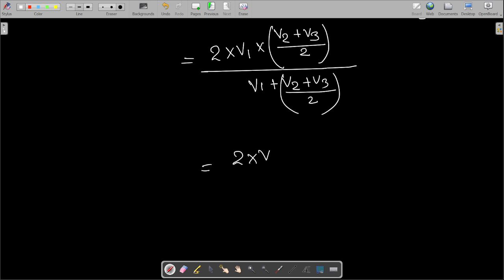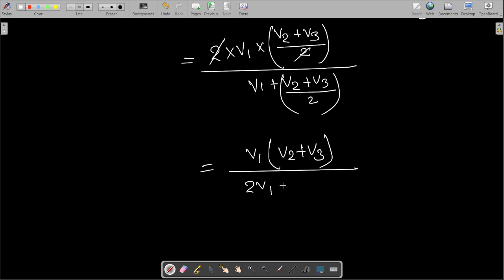Now calculate it. What is the expression? 2 into v1, cancel the 2 and 2, then we would get v1 into v2 plus v3 upon, take the LCM here, 2 v1 plus v2 plus v3 upon 2.